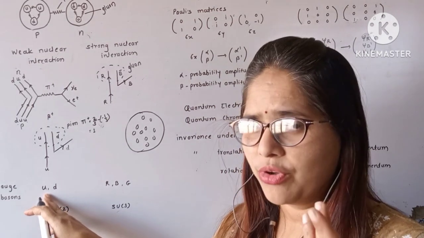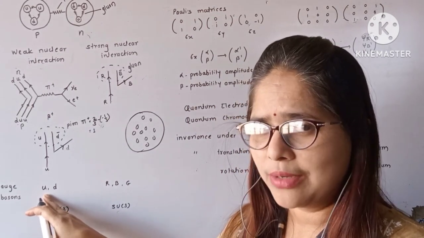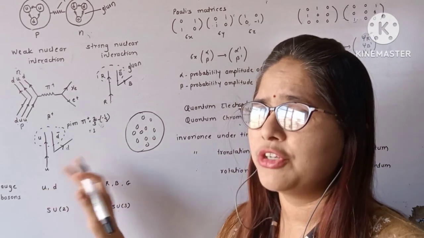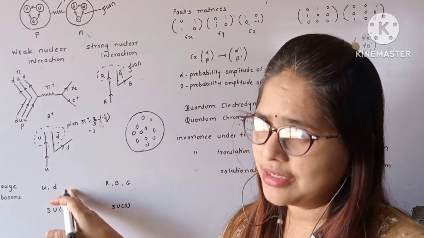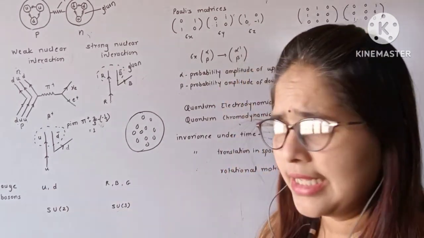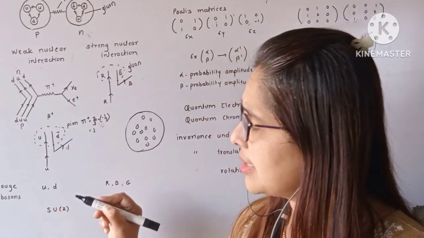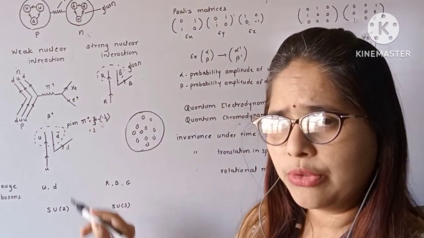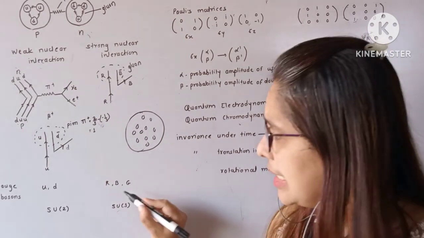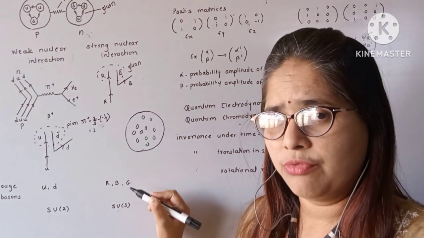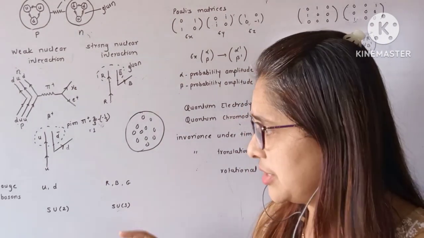So charm quark, strange quark, top quark and bottom quark are just the heavier versions of the up quark and down quark. As we can see, only two particles are involved in the weak nuclear interaction, whereas three particles are involved in the strong nuclear interaction.